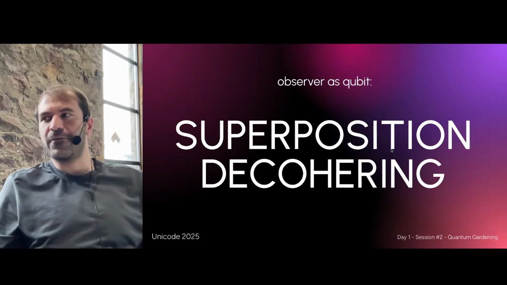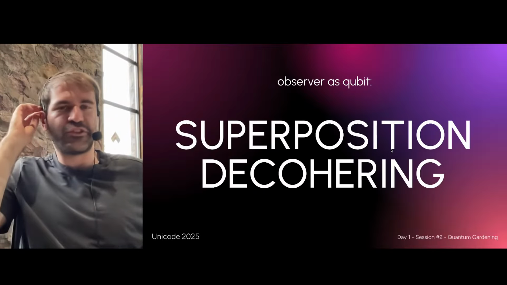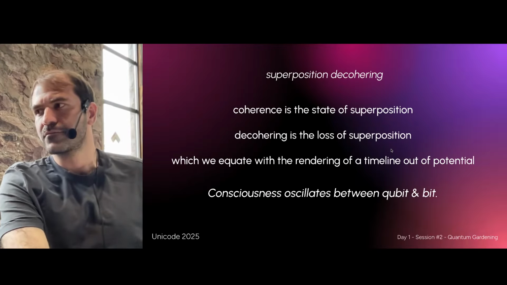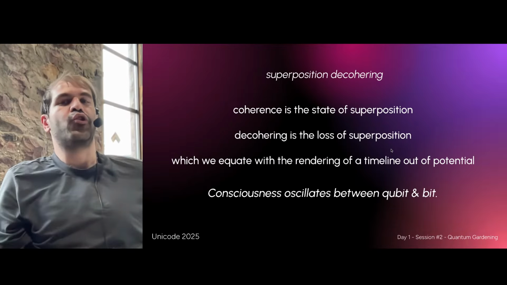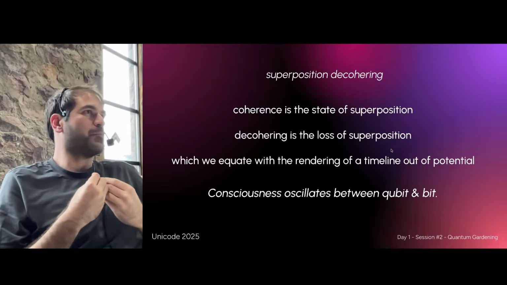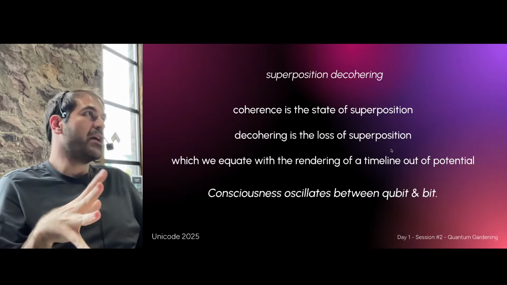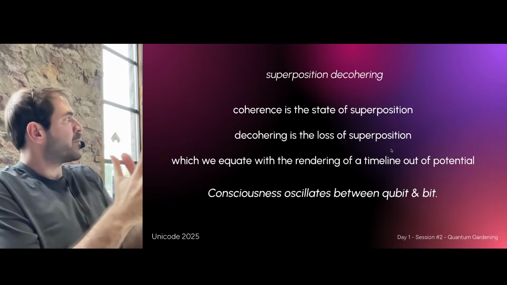Okay, so observer as a qubit. Superposition decohering. Coherence is the state of superposition, and decohering is the loss of that superposition. Decoherence is what renders a hologram.